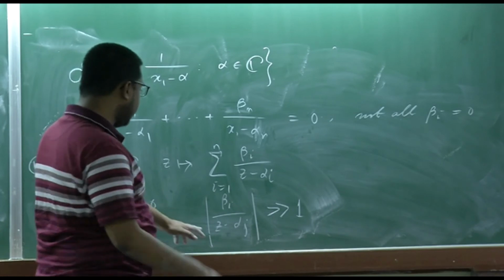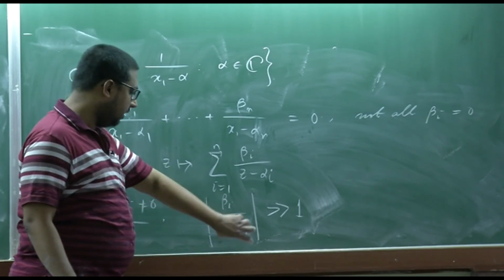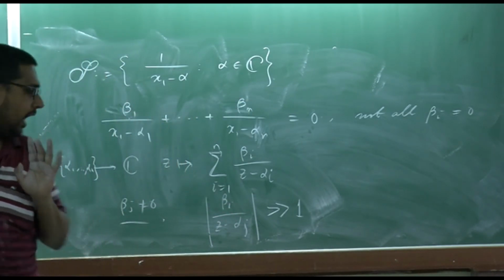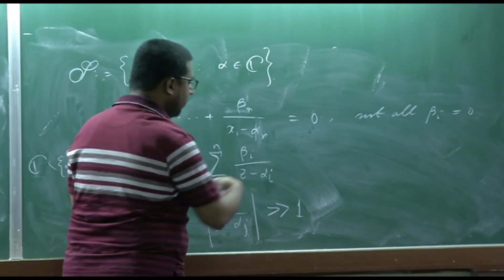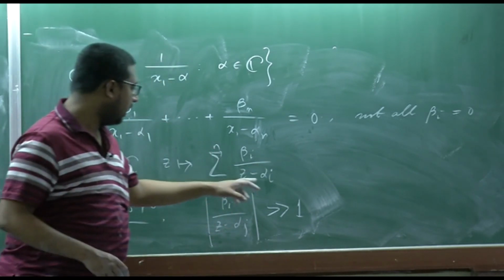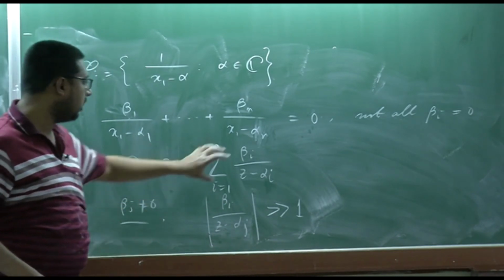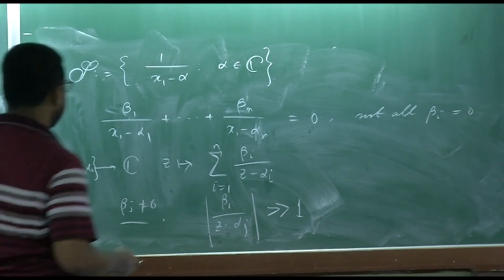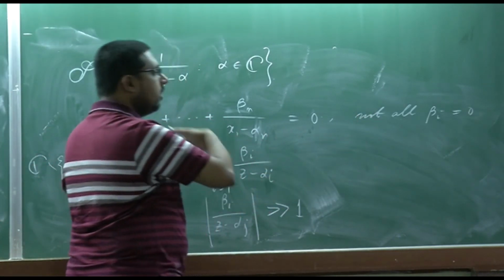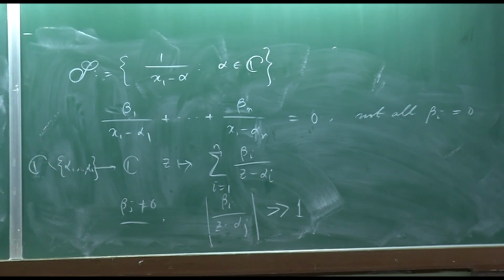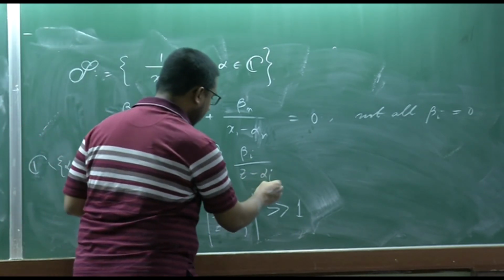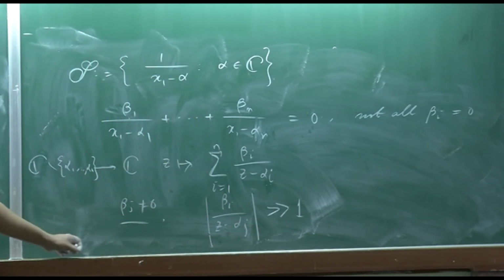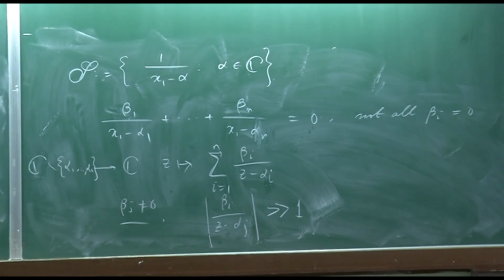If z is closer to alpha_j, then since this is getting closer to 0, the absolute value will be very large. Of course, other terms will not disturb, because the alphas are distinct. The upshot is that this function takes very high values near alpha_j, so it cannot be the zero function. Thus we arrive at a contradiction.